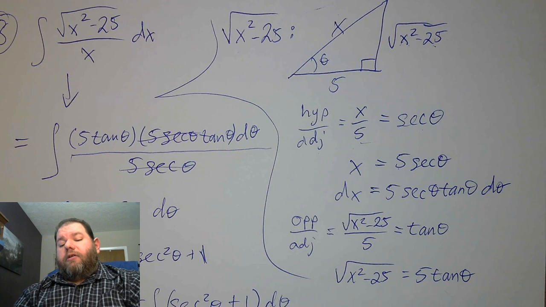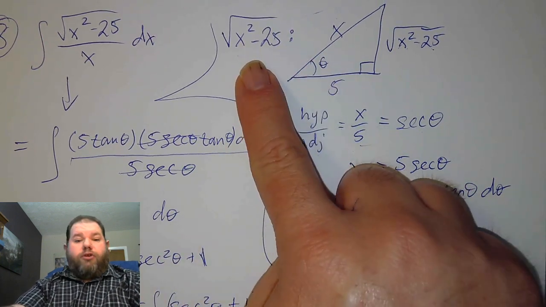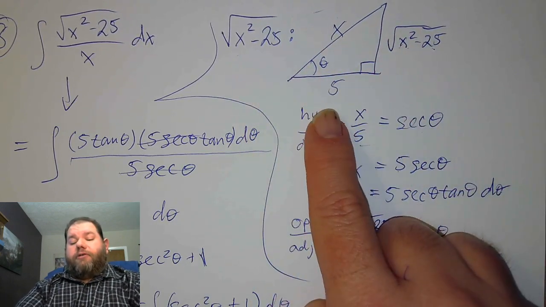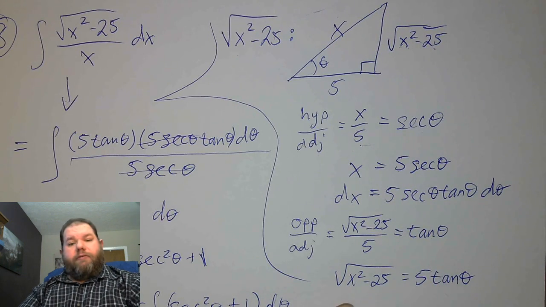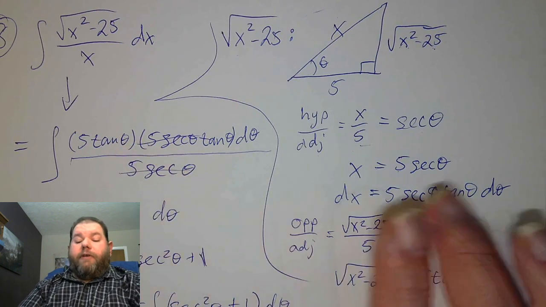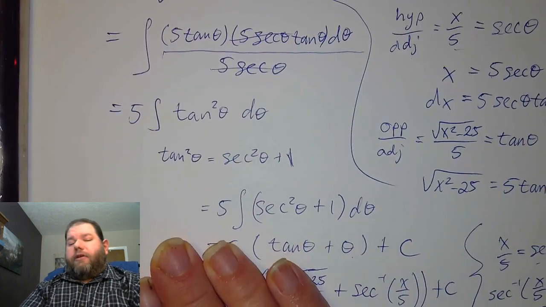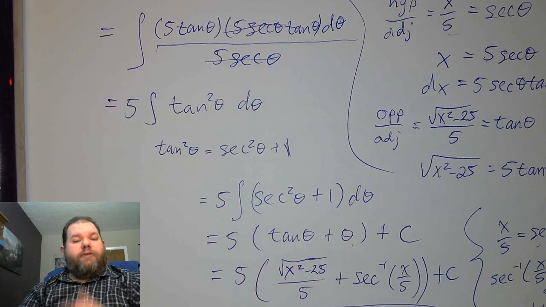We use our knowledge of geometry and trigonometry to set up our right triangle here, then create the necessary substitutions from that right triangle, substitute into the identity or the integral, and then simplify, and whatever's left we just integrate the best we can.